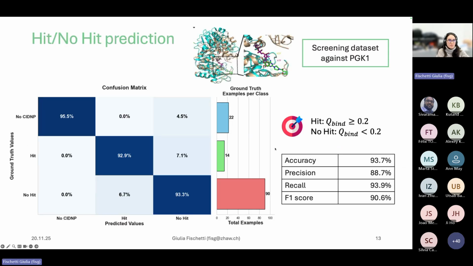We finally arrived at some results on a screening dataset against the PGK1 protein. So we were able to define an EAT or a no EAT by thresholding the Q-bind, considering 0.2 as a threshold. And these are the results.